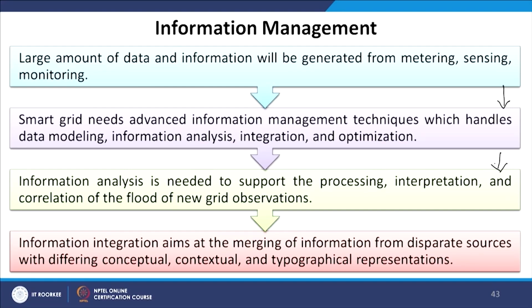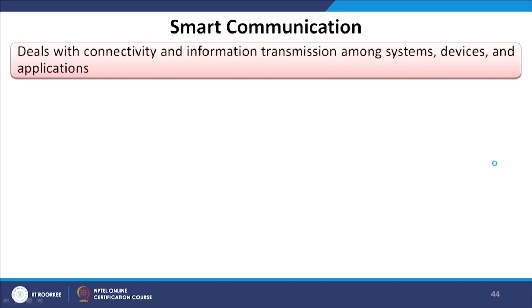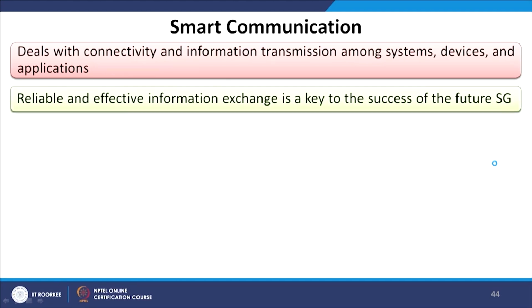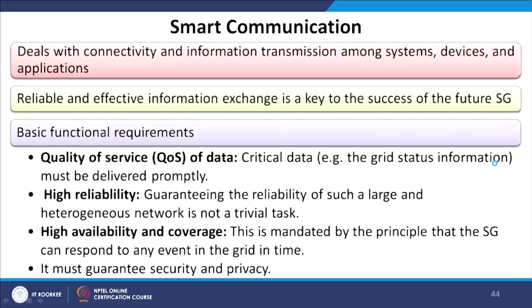Now, let us move to smart communication. It deals with the connectivity and information transmission among systems, devices and applications. Reliable and effective information exchange is key to the success of the future smart grid. Basic functional requirements: we need to have quality of service of data, critical data.